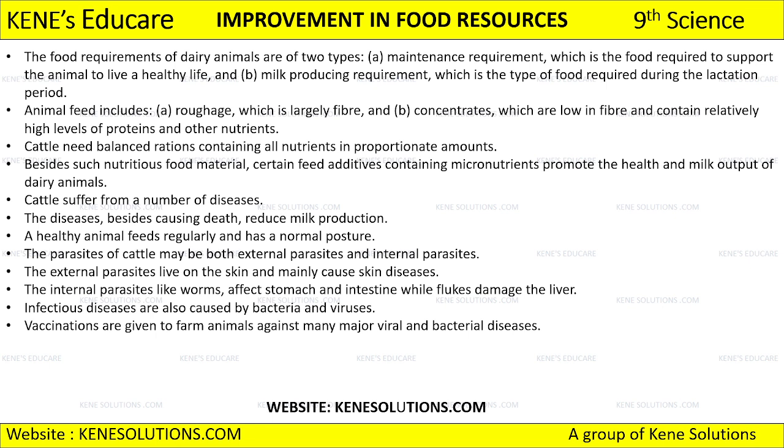And besides such nutritious food material, certain feed additives containing micronutrients are also added to promote the health and milk output of the dairy animal, because dairy animals are needed for the production of milk, and that is done through cattle farming.